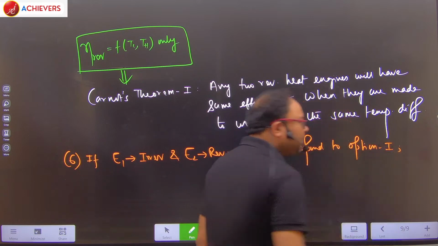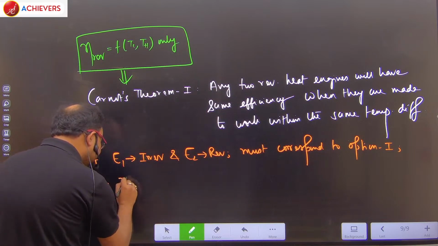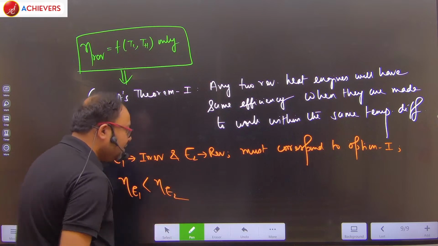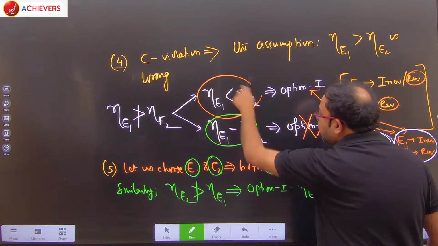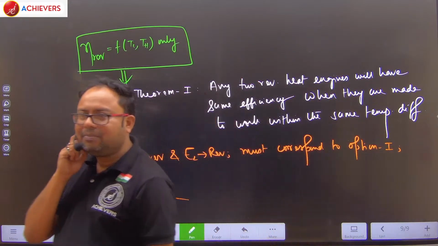And what does option 1 say? You see, eta E1 is less than eta E2.